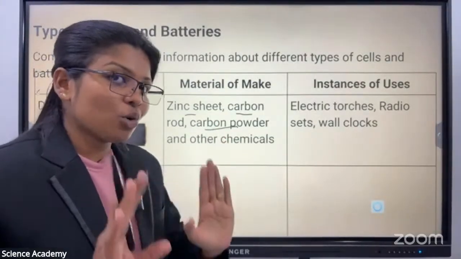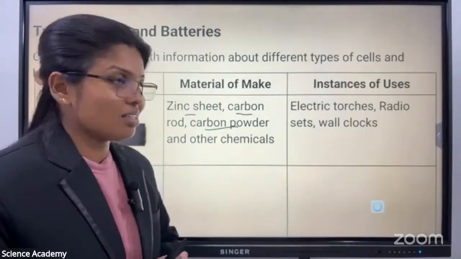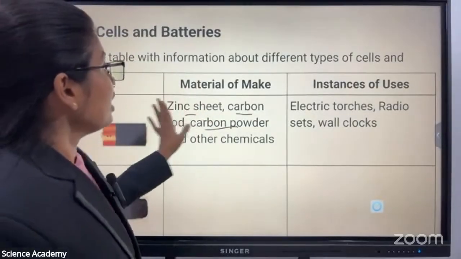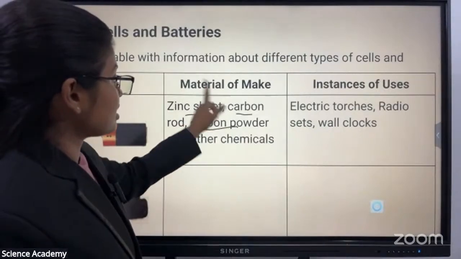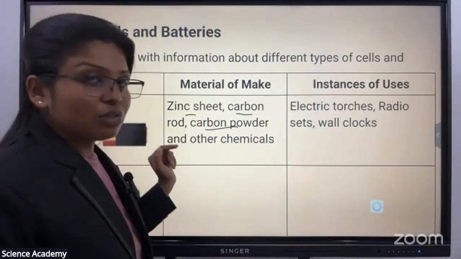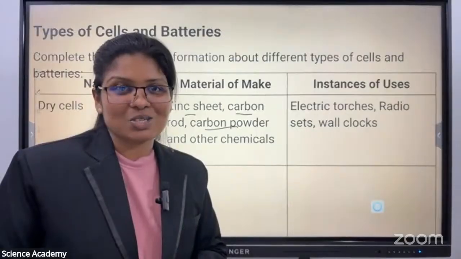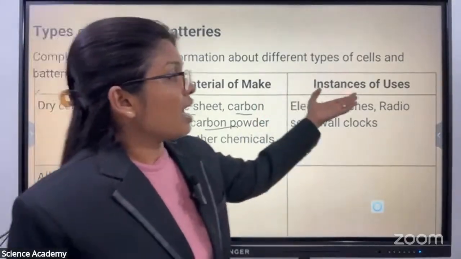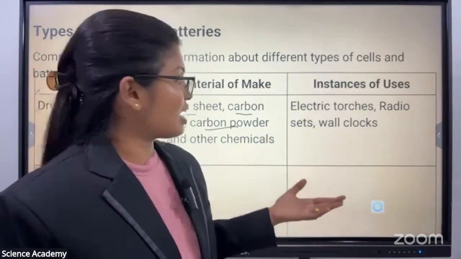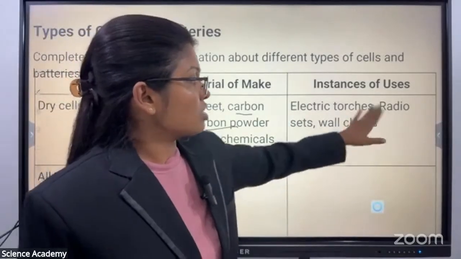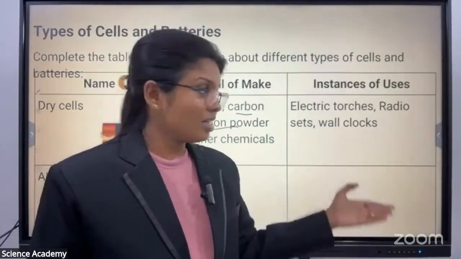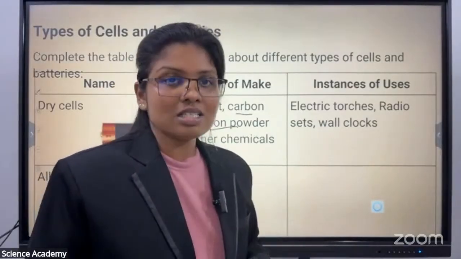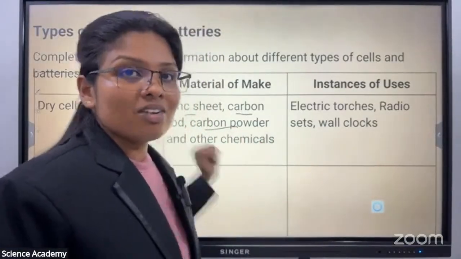So we observed the components of this dry cell. In addition, you saw the zinc sheet and carbon rod also. Children, where are the instances that we use these dry cells? Electric torches, radio sets, and wall clocks, right? These are the normal uses of dry cells.